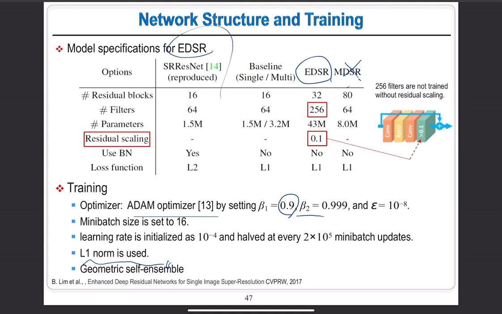The learning rate is halved every 200k mini batches, and a mini batch contains 16 training patches. So those are the training details, and EDSR uses geometric self-ensemble for network testing to further enhance accuracy by averaging predictions from flipped and rotated input images.